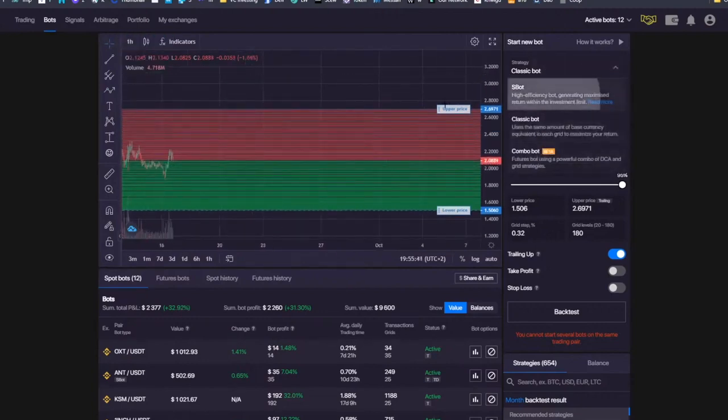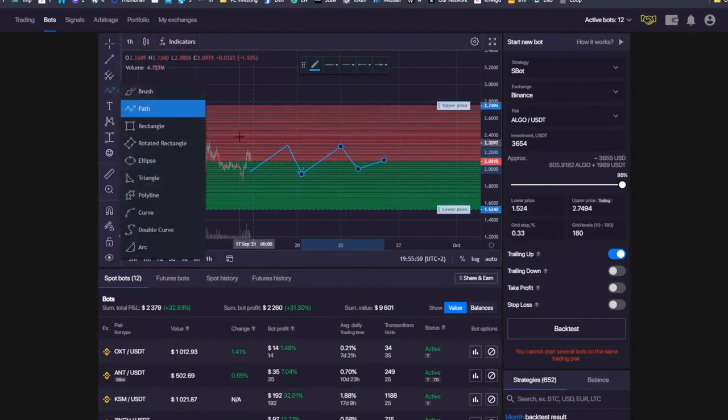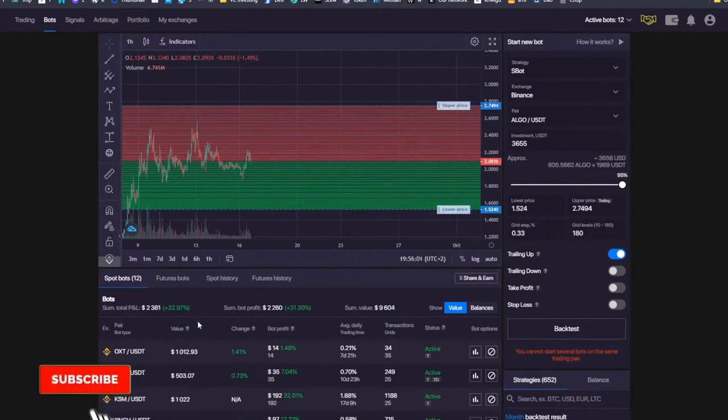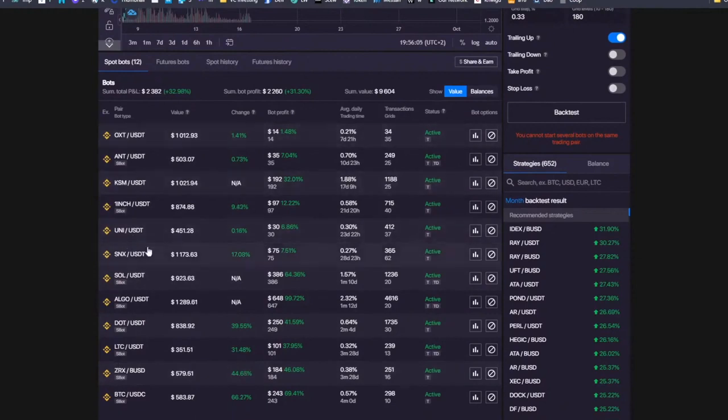And you set the ASBot when you expect the price to move sideways, or you expect the price to fall a bit before it bounces off and rises back again. So that's the case for the ASBot to bring you the biggest returns. That's why you see I have different bots. I have ASBots, I have classic bots, depending on my expectations.